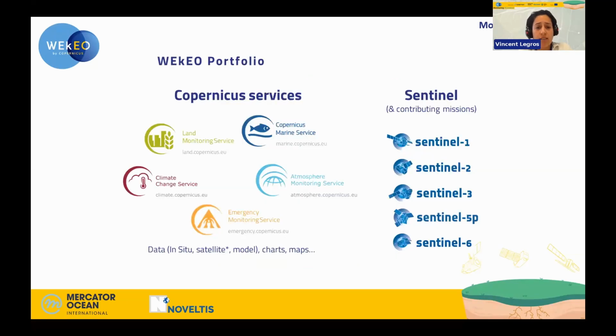We have 6 services in total: the land, the climate change, the emergency monitoring service, the atmosphere, and the Copernicus Marine Service. And besides, we also have some Sentinel missions. Sentinels are the satellites that provide the data that you can find in Copernicus, and they also have some missions whose data you can also find in WEkEO.